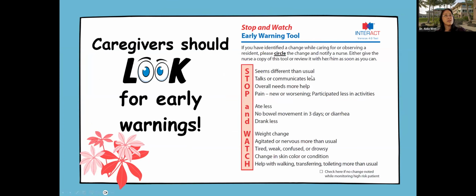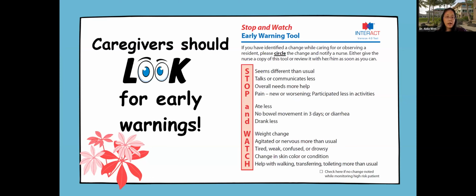Seems different than usual, talks or communicates less, overall needs more help, pain which is new or worsening, participated less in activities, ate less, no bowel movement in 3 days or diarrhea, drank less, having a weight change, agitated or nervous more than usual, tired, weak, confused, or drowsy, change in skin color or condition, or needing help with walking, transferring, toileting more than usual.